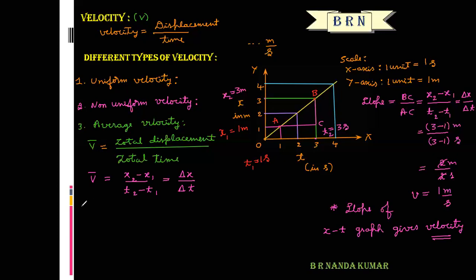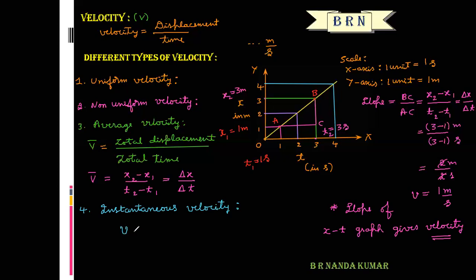And the next type, that is instantaneous velocity. Instantaneous velocity means the velocity of a particle at any instant of time.